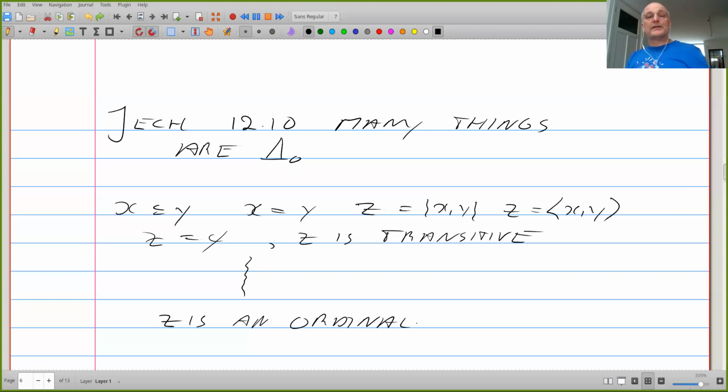You can also write an ordinal in delta zero form. I put it in the group interaction, so you'll have to read that. But it illustrates a point that I made just a few seconds ago.